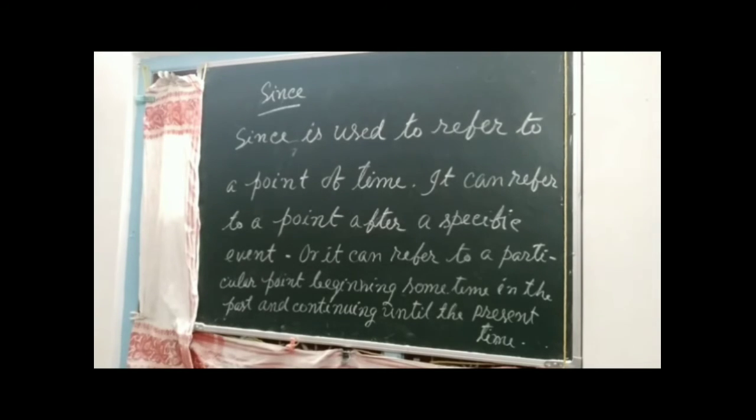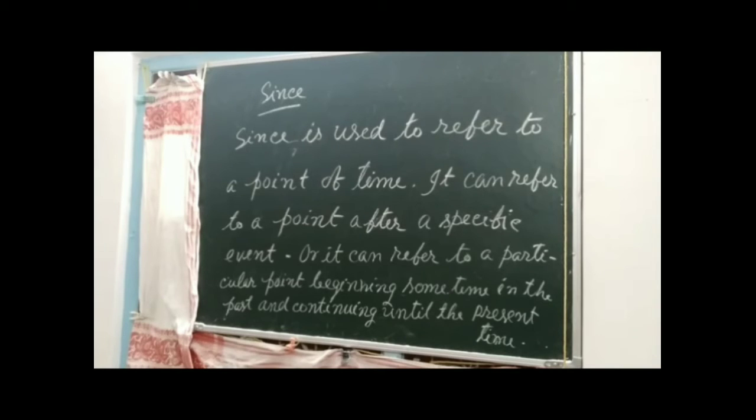Specific event, since we left school, since the storm destroyed the whole valley, and like this. Or it can refer to a particular point beginning sometime in the past and continuing until the present time.